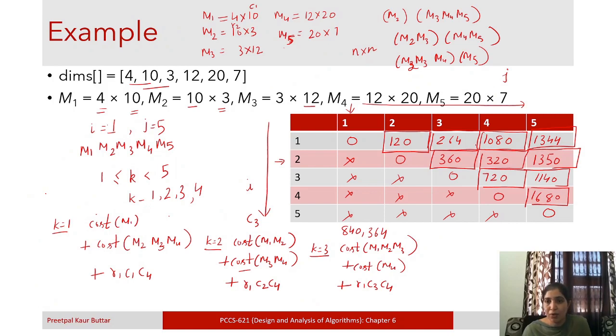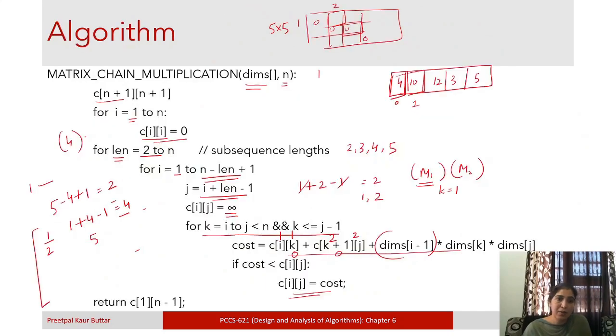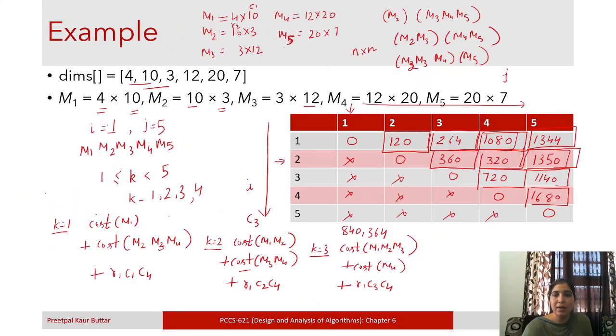Finally length will become 5, meaning you are including all 5 matrices. In that case i will vary from 1 and stop at 1. How? n is 5 and length is 5, 5 minus 5 plus 1 is 1. So i will vary from 1 to 1. When i is 1, j will be i plus length minus 1, so it will be 5. As you can see, in the last case it is 1 comma 5.